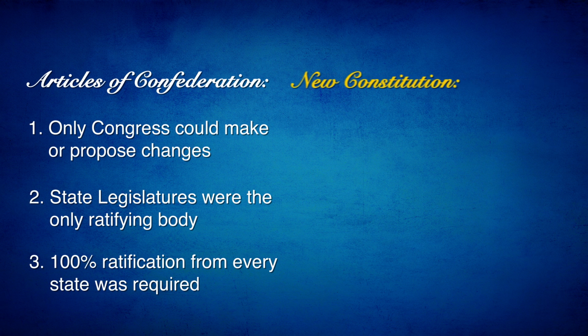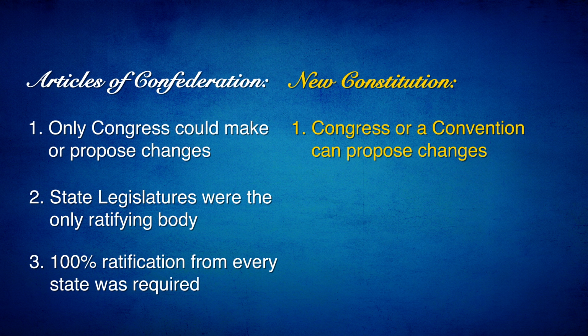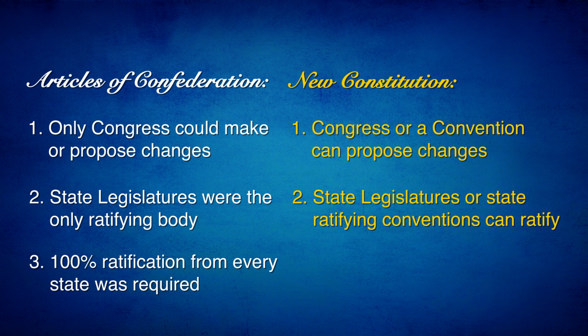However, in Article V of the new Constitution, the delegates changed the way the amendments could be made to the new Constitution. 1. Congress or a convention called by Congress on the application of 2/3 of the states could propose changes. 2. State legislatures or special state ratifying conventions could ratify the changes. And 3. 75% or 3/4 of the states is required for the changes to take effect.